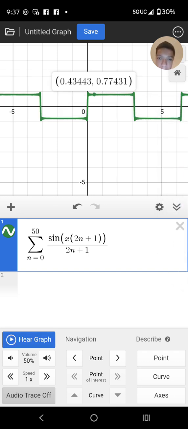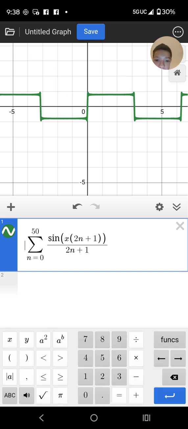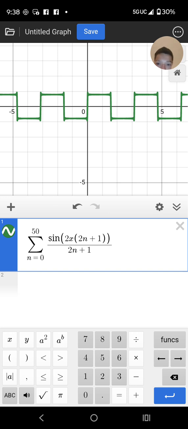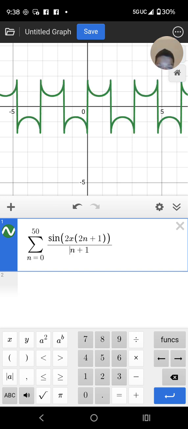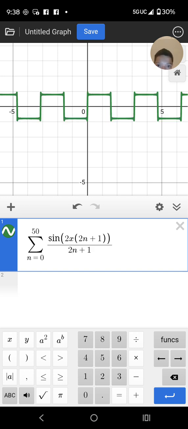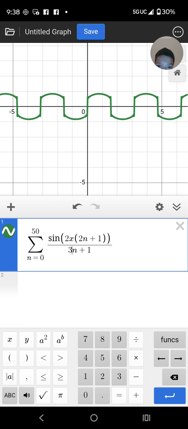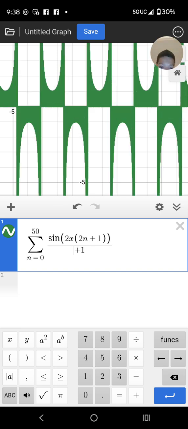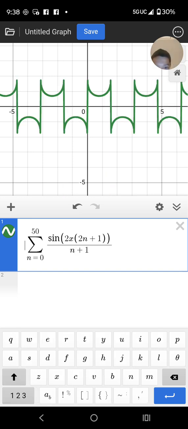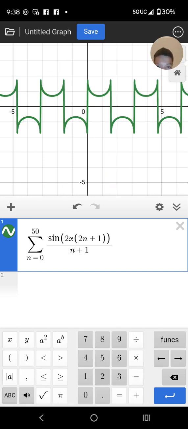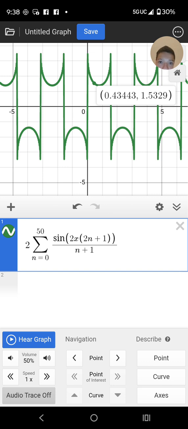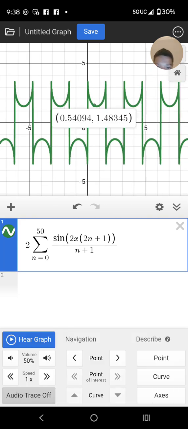I'm using the sound in Desmos, and it makes kind of a siren sound. We can increase the frequency like that. We could modify it. We could do over n plus 1. We could do over 3n plus 1, which is that. We can modify many factors here. I'm going to do n plus 1 and multiply by 2. That's going to be very cool.